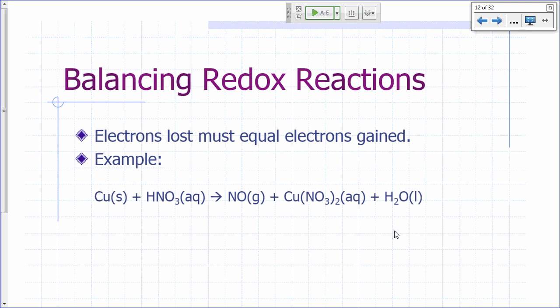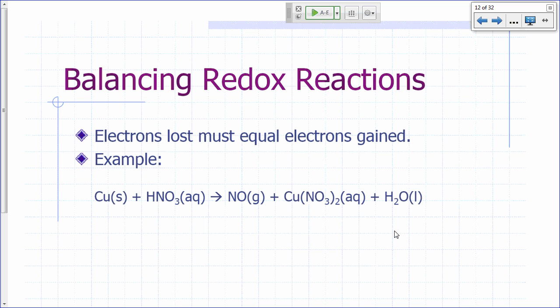Now, it helps a little bit if you do a little algebra to balance it, but it's pretty much a necessity that you take into account electrons lost and electrons gained when balancing a redox reaction. That helps a lot in figuring it out, especially if you're going to do it by trial and error.